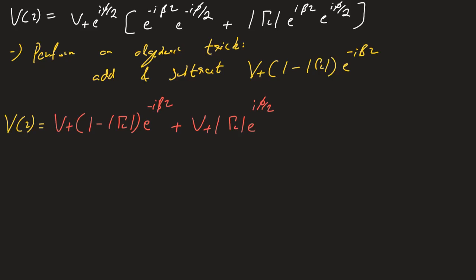But inside, what we can now write is e to the minus iota beta z e to the minus iota phi by 2 plus e to the iota beta z times e to the iota phi by 2. Okay.